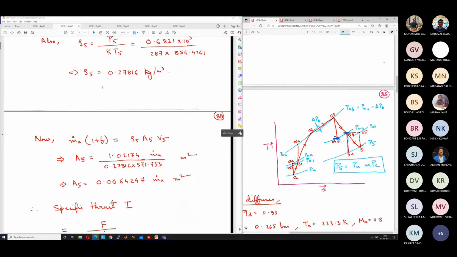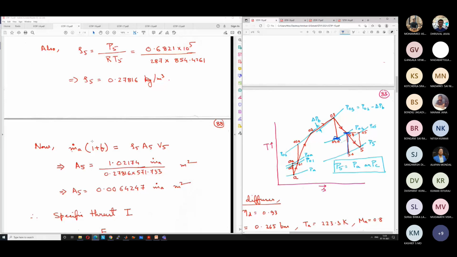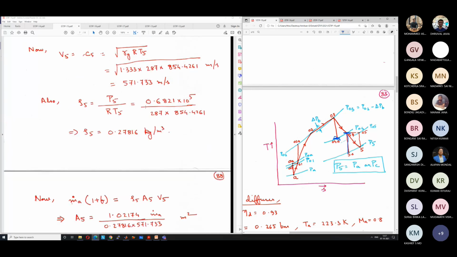What is the area then? The mass flow rate in the nozzle is m dot a into 1 plus f, where m dot a is the mass flow rate of air. I can keep it in terms of m dot a, or you can do it for 1 kg of air. If you keep it in terms of m dot a, this term will be present and it will get cancelled later on. So the mass flow rate m dot a into 1 plus f is equal to rho A V. So rho 5, which we have already calculated, A5, which we need to calculate, and V5, which also we have calculated.